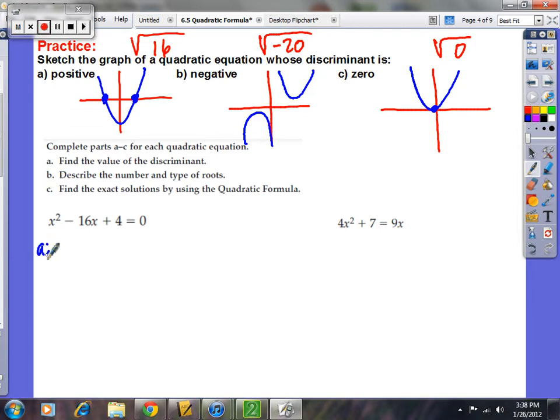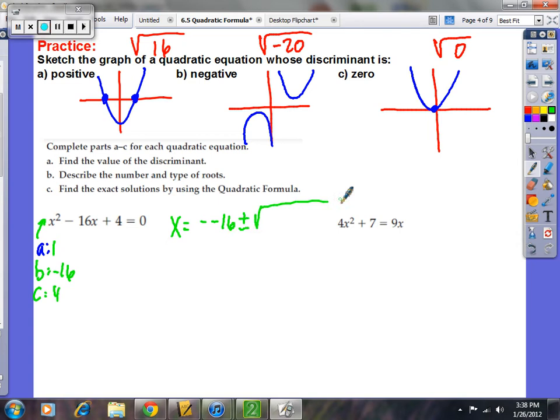Alright, let's determine our A, B, and C. A is that number right there, it's 1. B is a negative 16. C is 4. So now just plug it into the quadratic formula. X equals negative b plus or minus the square root of b squared.